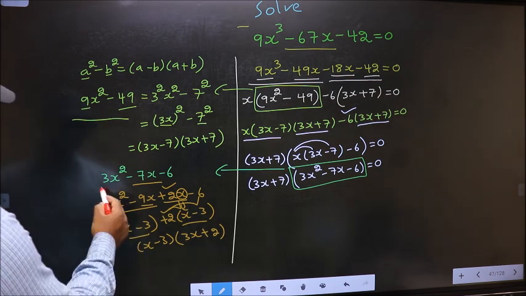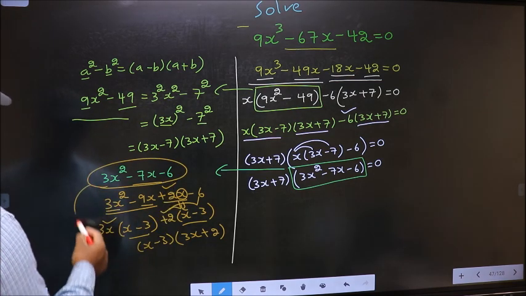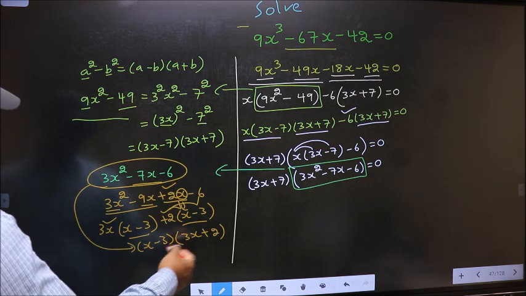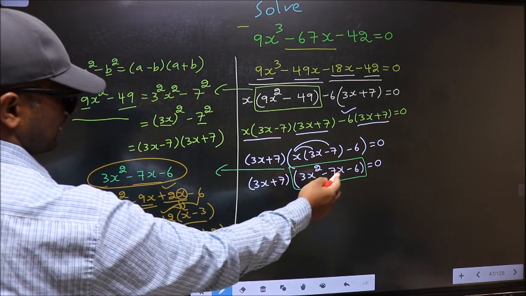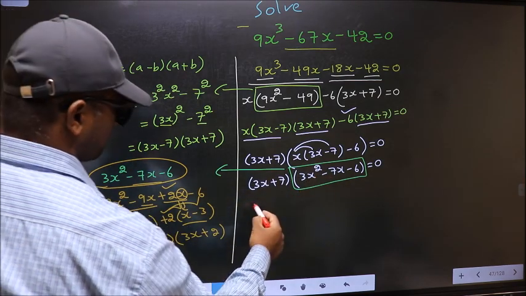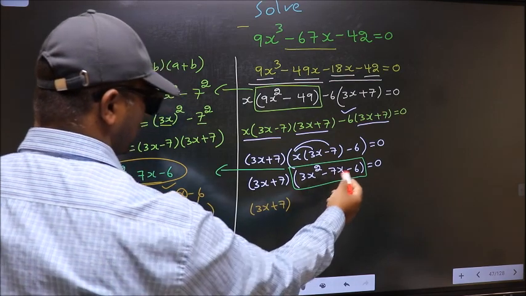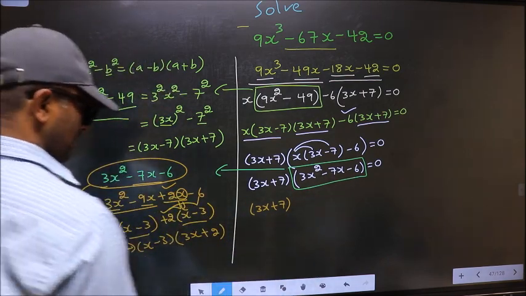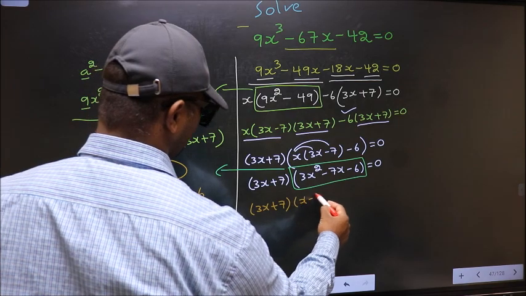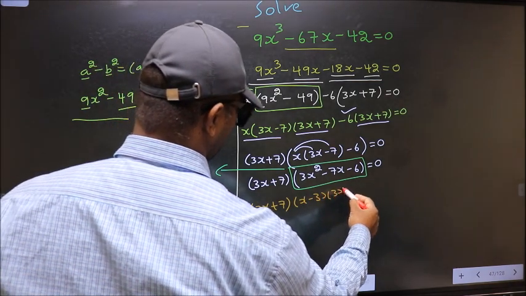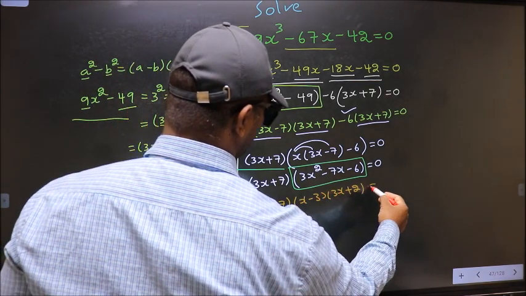Now in place of this quadratic, we should write this over here. So this equation becomes 3x plus 7, in place of this one, x minus 3, 3x plus 2 equal to 0.